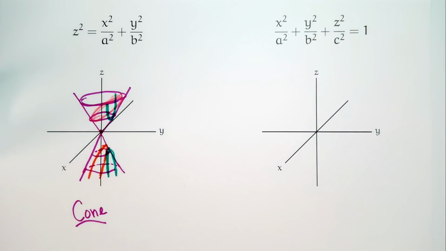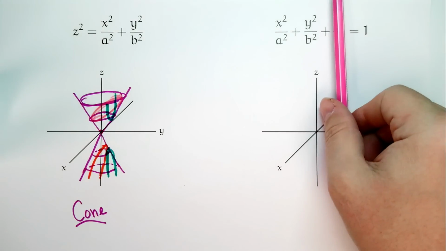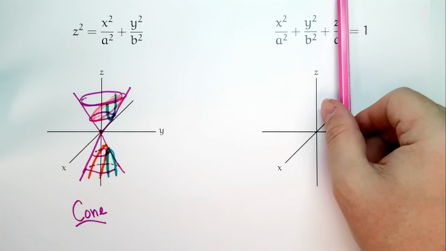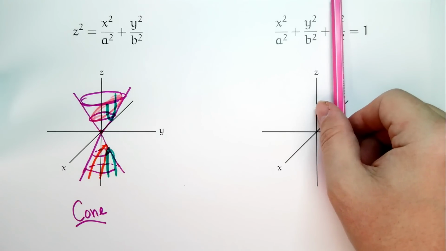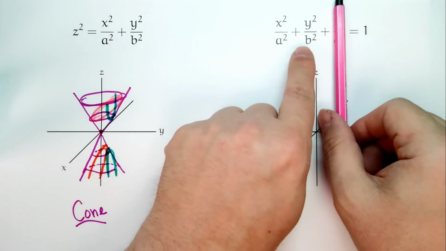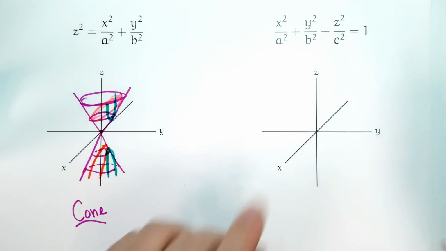All right, x squared over a squared plus y squared over b squared plus z squared over c squared equals 1. So if we're trying to understand things, the natural place to start is to take a look at a slice. So suppose I want to slice and hit the xy plane, z equals 0. Well, what you see is some ellipse in the xy plane.